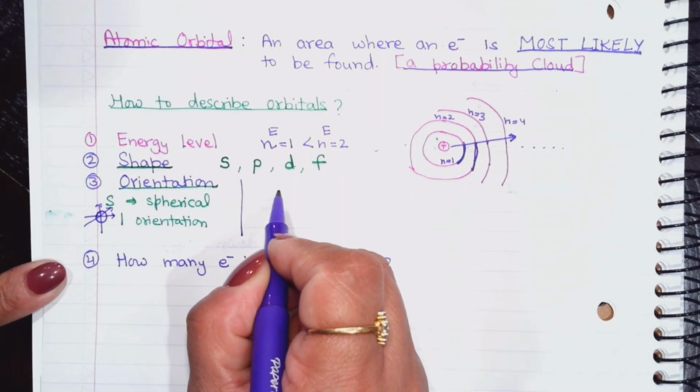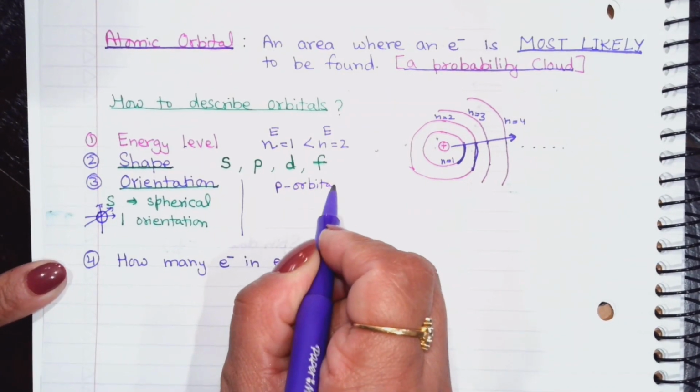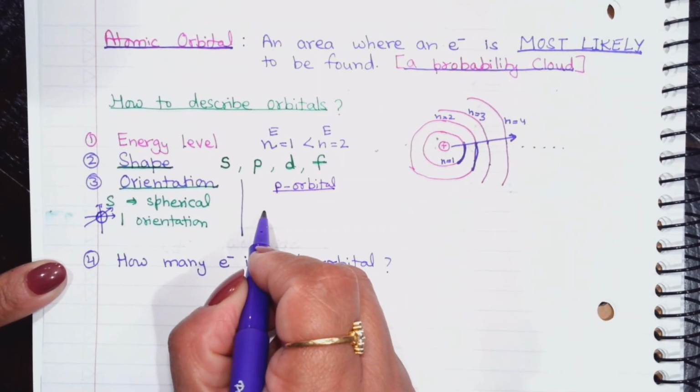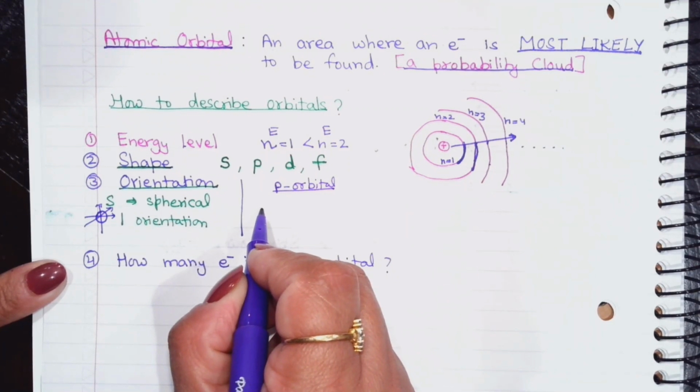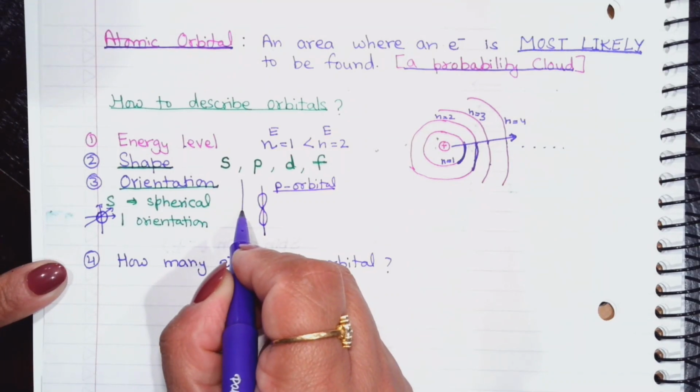Whereas a p orbital is a double lobed orbital. So there are three orientations possible for a p orbital, right?